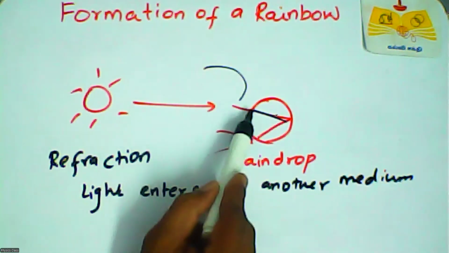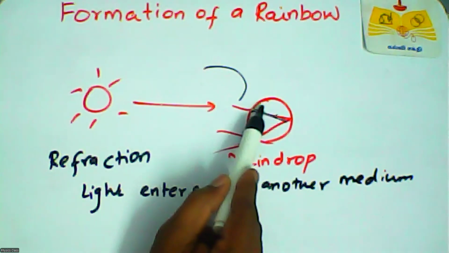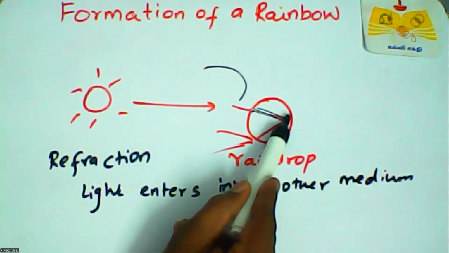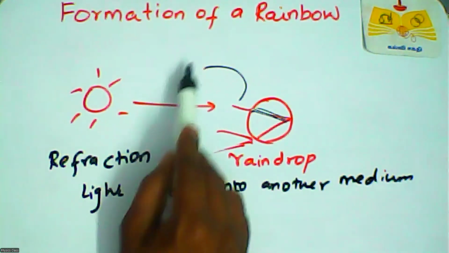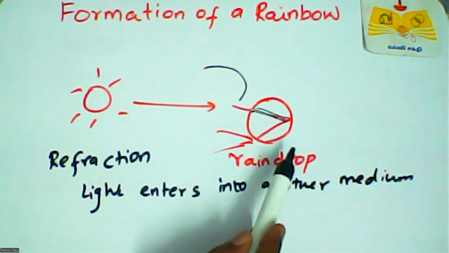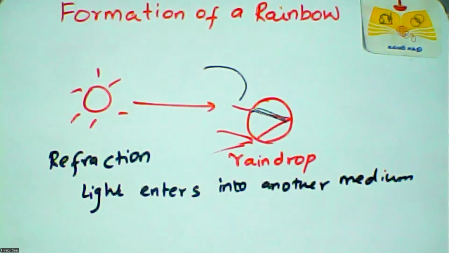This bending is called refraction, and it happens because light travels at different speeds in different media.